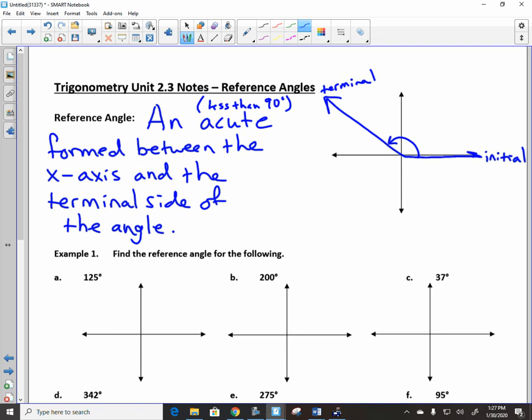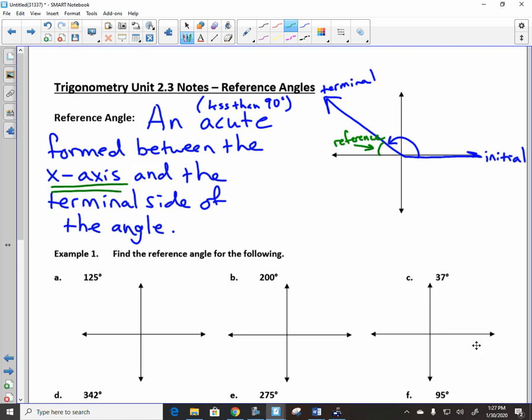Reference angles are very important. And we've kind of introduced them a little bit earlier in the previous chapter, but this is the reference angle. It's the acute angle between the x-axis and the terminal side. Always the x-axis.